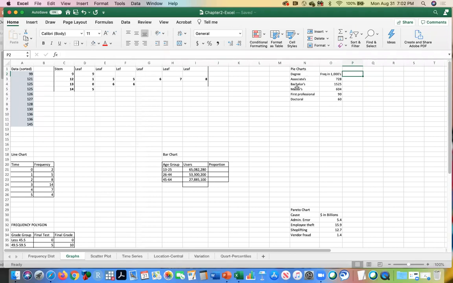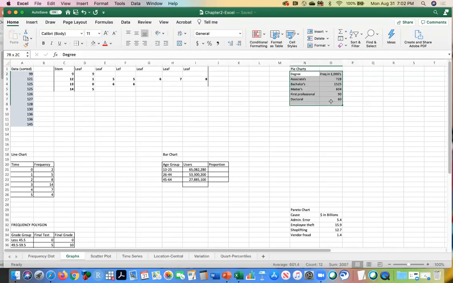For example, I'm working as a professor at Lehman, so this is the distribution of people in my school. At Lehman, let's say 728 got an associate degree, 1525 a bachelor's, and then master's, first professional, and doctorates.